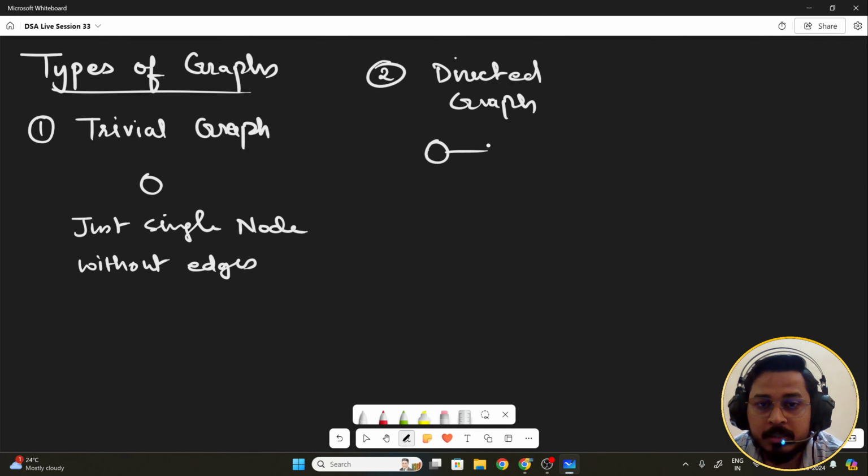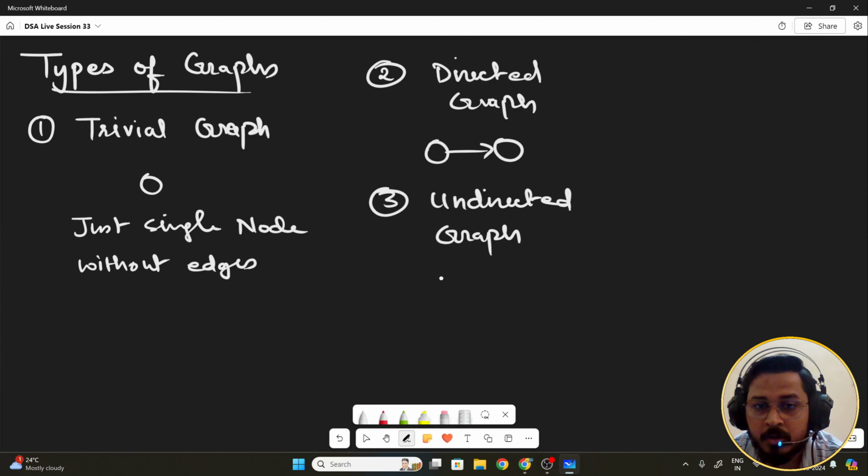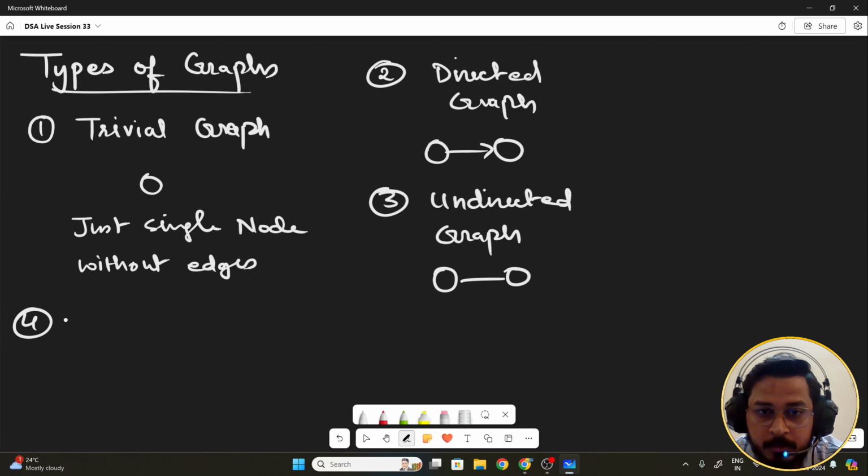For example, this is a directed graph. Number three, we have an undirected graph. So we have two connections like this. So this is also a graph. Number four, we have a connected graph.